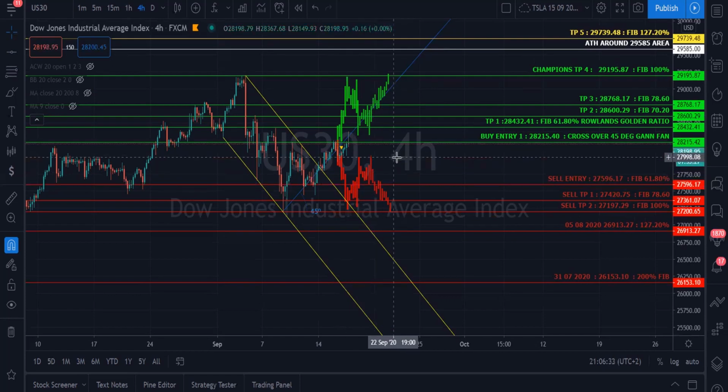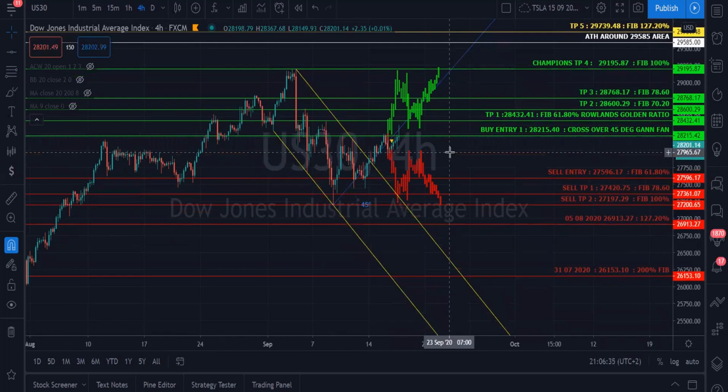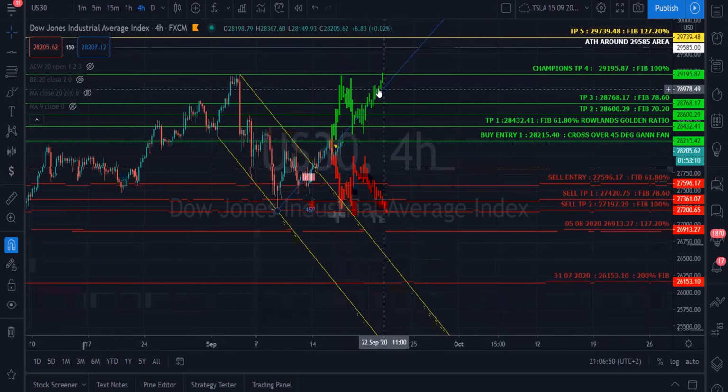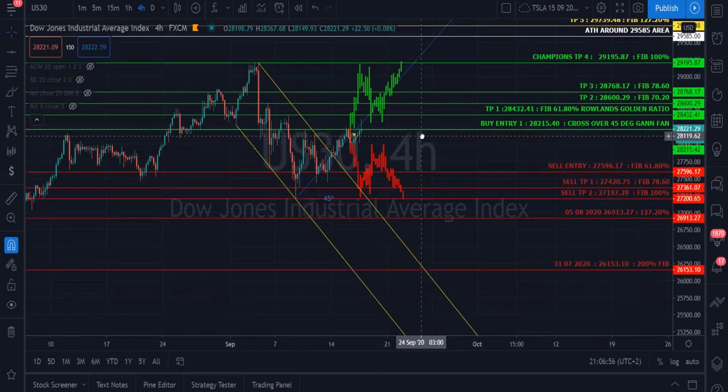No. Okay, let's do that. I'm going to just copy one. I'm trying to show you that currently price has been bouncing within these lines, and now it's broken this trend line, and now it's going up in this 45-degree angle. Just to give you an indication of how it should behave, I want to draw this bar pattern here for you. So I want to copy this.